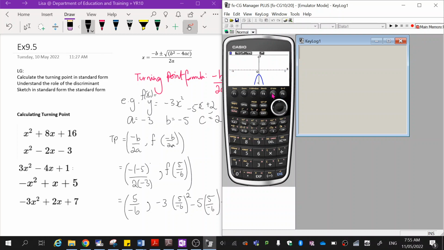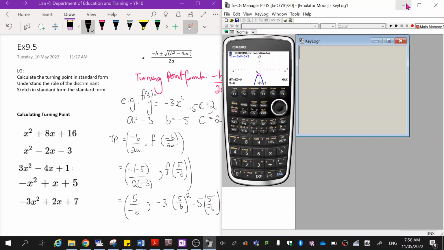Execute, draw it, then go G-solve. For this one, if I'm trying to find the turning point, I'm trying to find the maximum spot. So max.